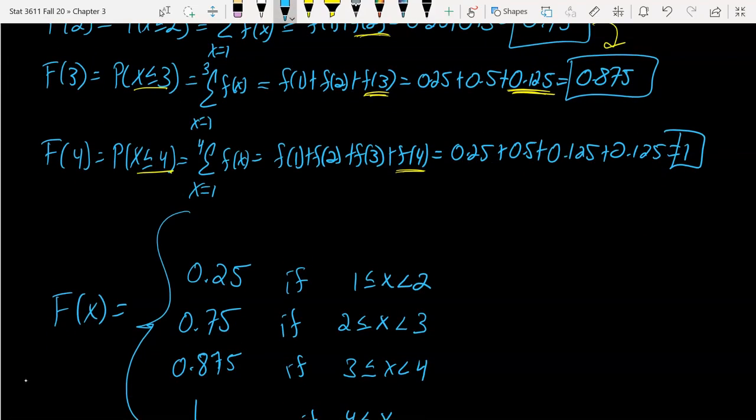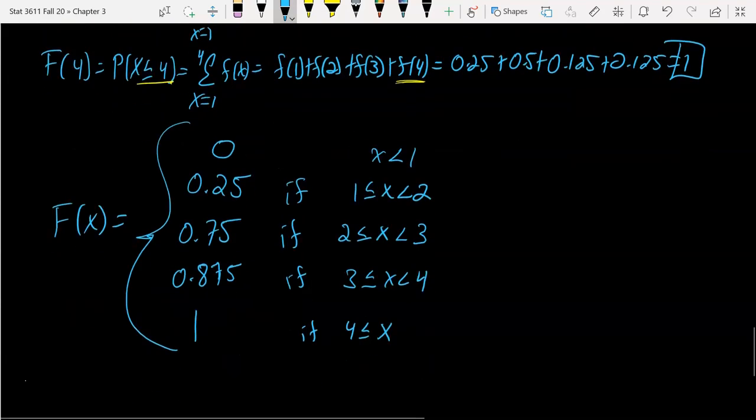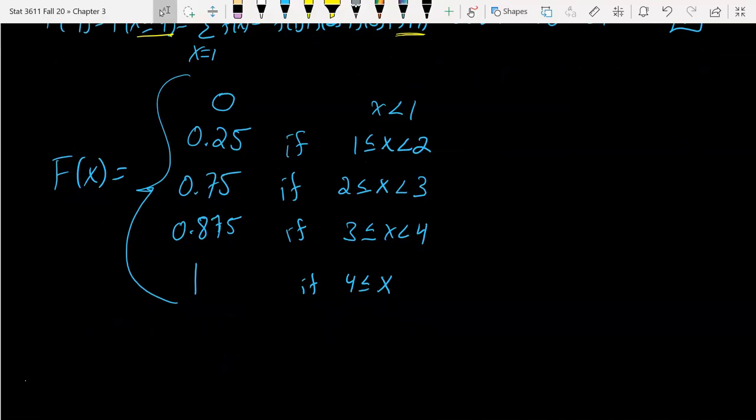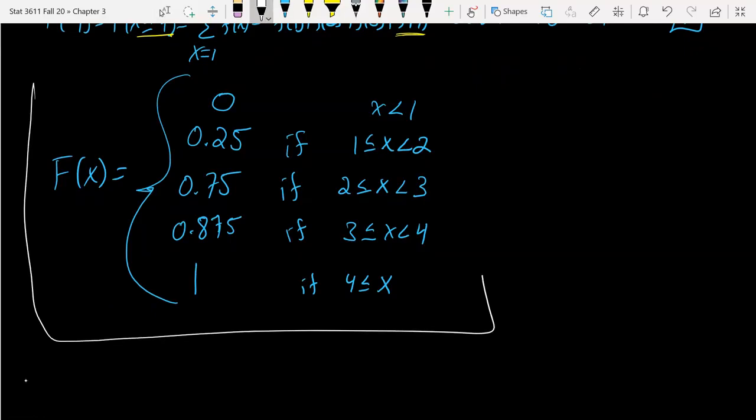Well, if x is less than 1, then the probability is 0. And that is our CDF right there, capital F of x.